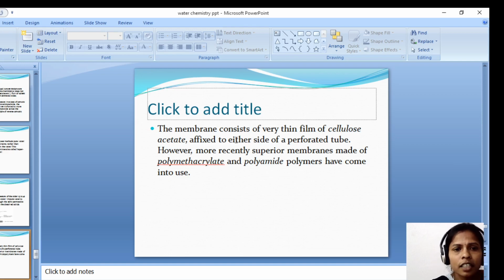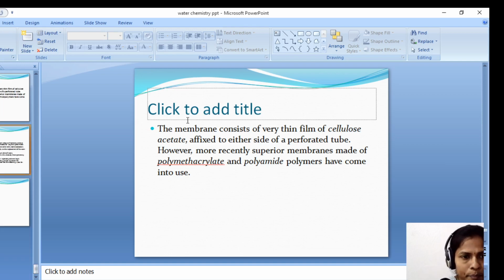Previously we used cellulose acetate to prepare the thin films of the semi-permeable membrane, but nowadays we use polymethacrylate or polyamides because these are more effective than cellulose acetate.